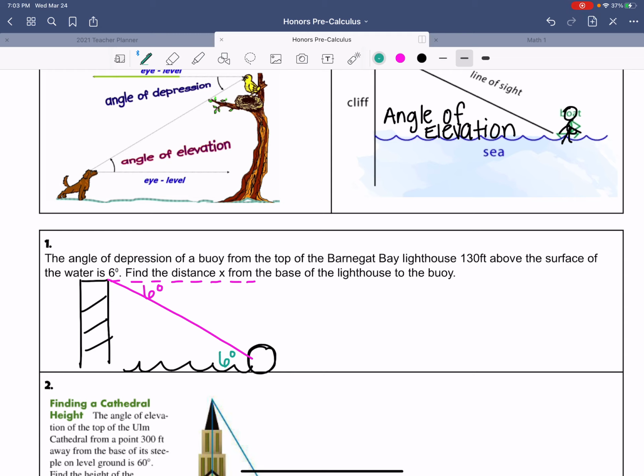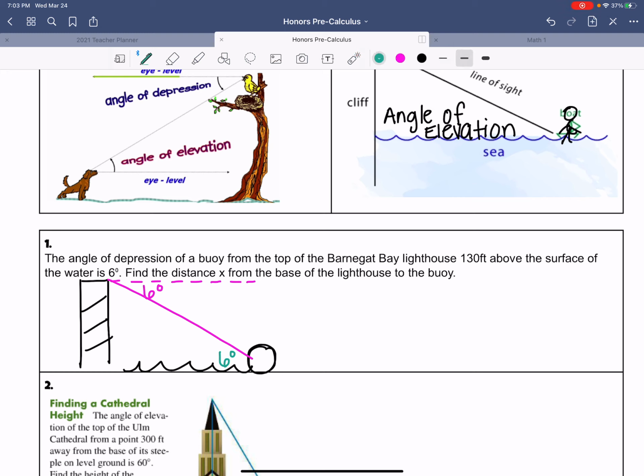So if I have an angle of depression, I would always move it and make it an angle of elevation to make it easier to read, because you're basically going to make a right triangle. And if you haven't noticed by now, we're making this right triangle between the lighthouse, the buoy, and the water.